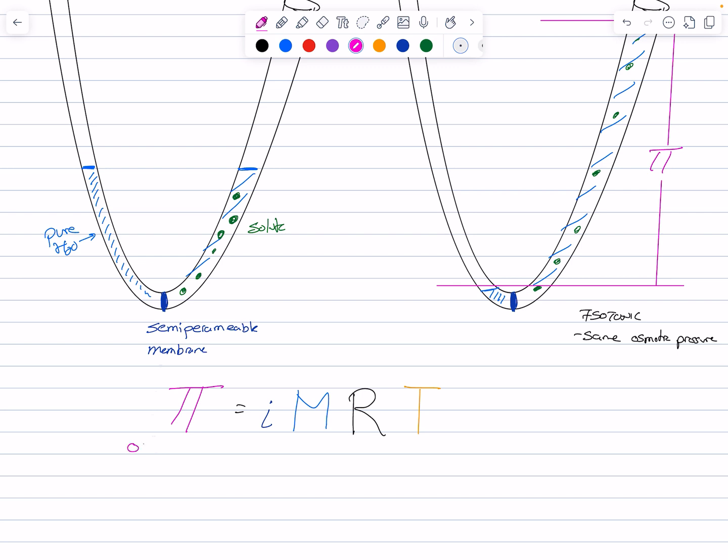Osmotic pressure. Van't Hoff. Molarity. Temperature.